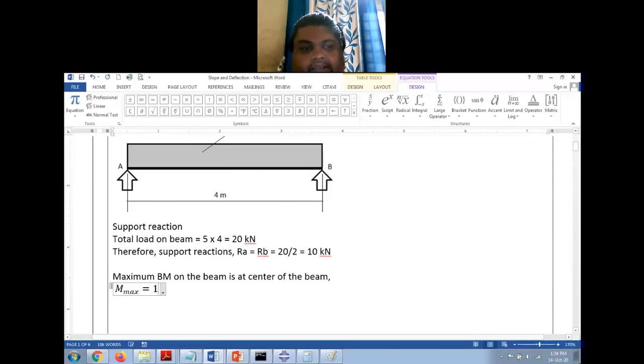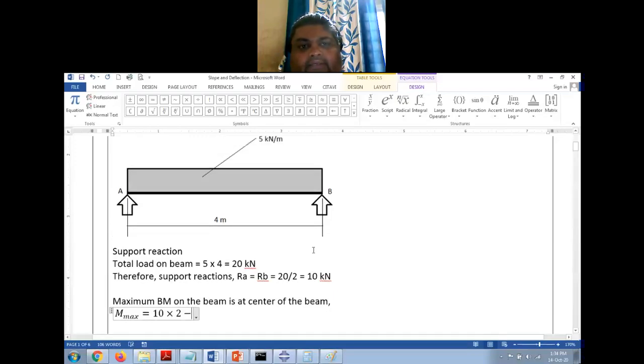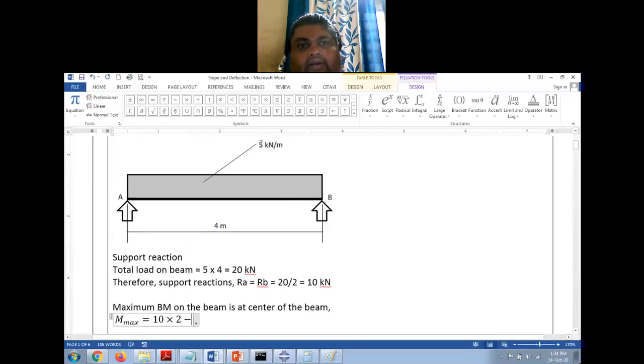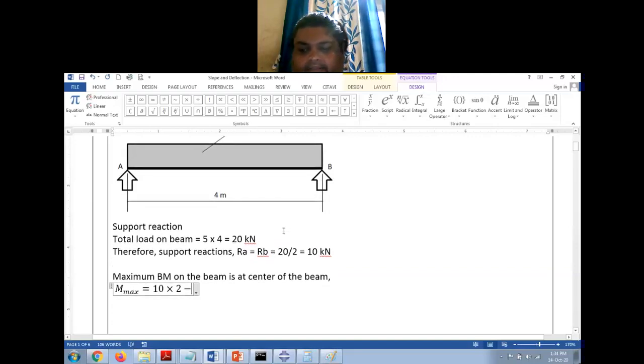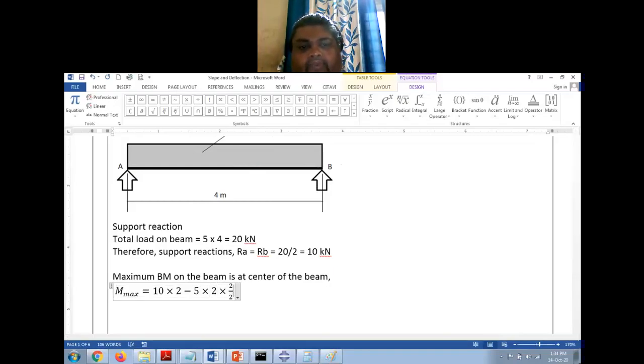So RA is 10 into L by 2 is 2 meters, right? So this will be positive minus this load W, that is 5 into this length, that is 2, into 2 by 2, that is the point of action.